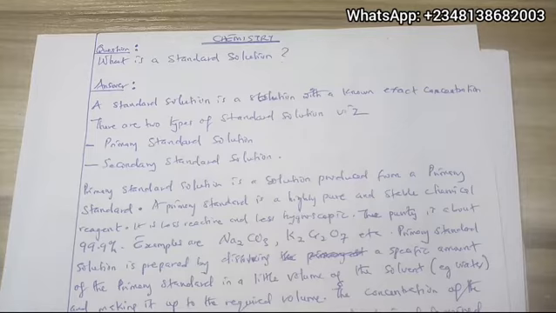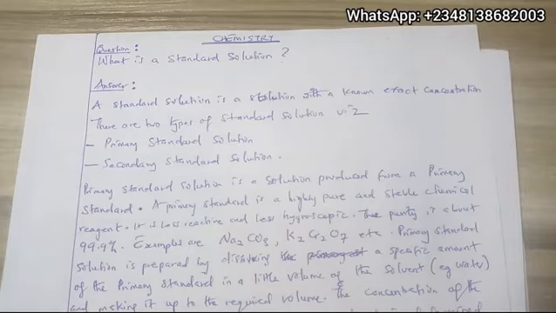Once you do that, you have determined the concentration of the solution prepared from a primary standard. This makes it a primary standard solution, because you have determined the exact concentration. It is exact because you are sure that this concentration gives you the actual concentration of the primary standard in that solution, because you are sure that the purity is almost 100%.